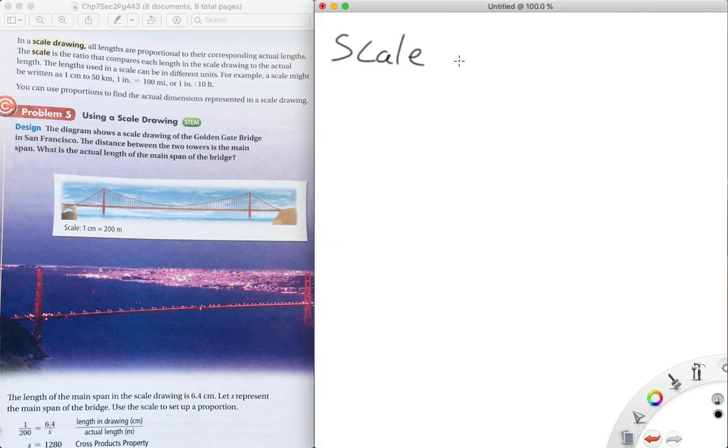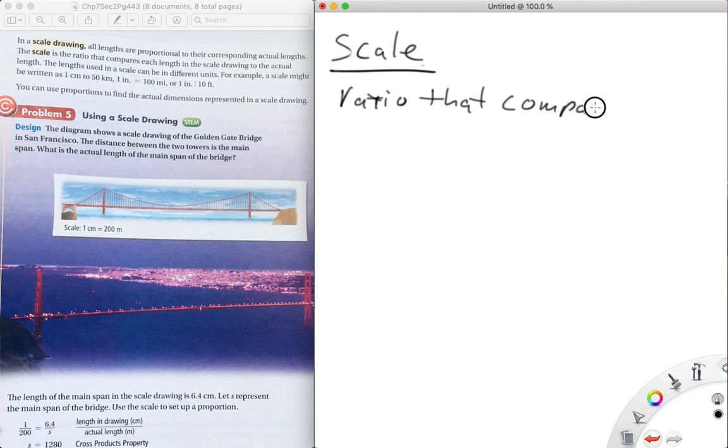The only difference between scales and scale factors is that the units don't have to be the same. So scale is the ratio or fraction that compares the drawing to the real thing.